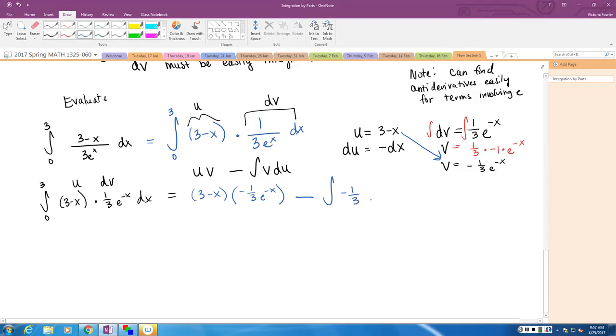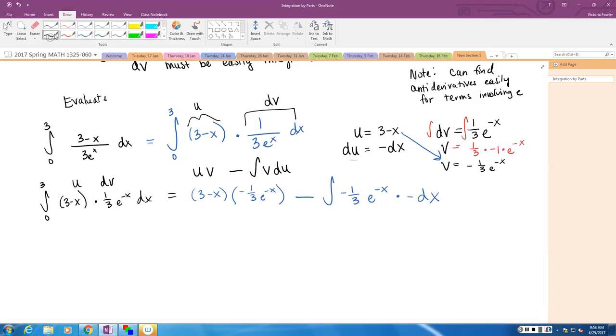Good. Negative 1/3 e to the negative x. And then it says du. What's du? It's going to be multiplied by a negative dx.